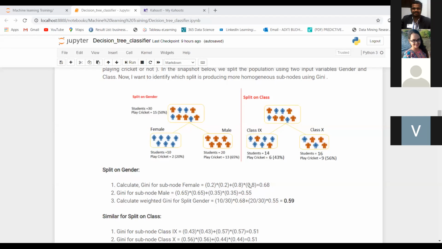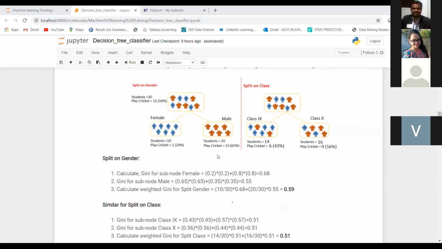Similarly, for the males, the proportion is 20 divided by 30, because there are 20 males out of 30 total students, and we multiply this ratio by the Gini for the males. When you calculate this, you get the answer as 0.59.